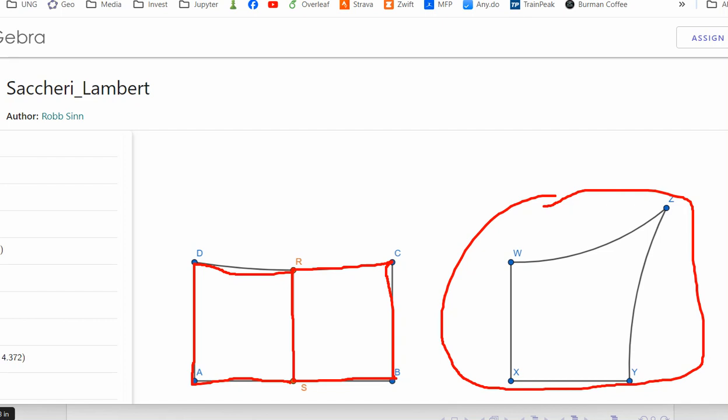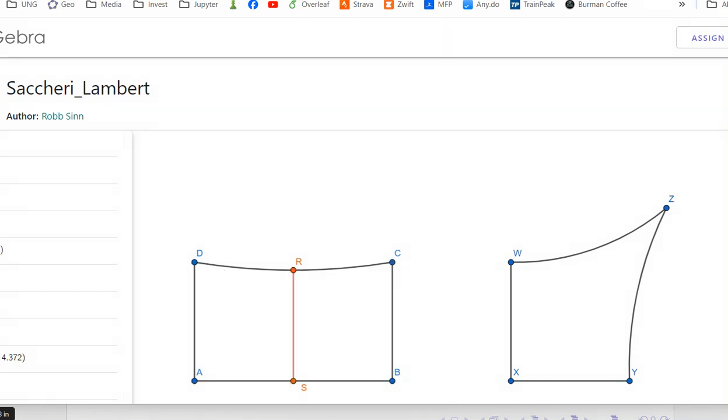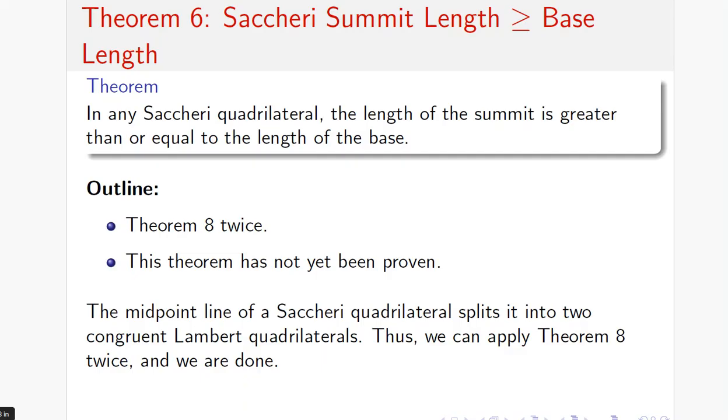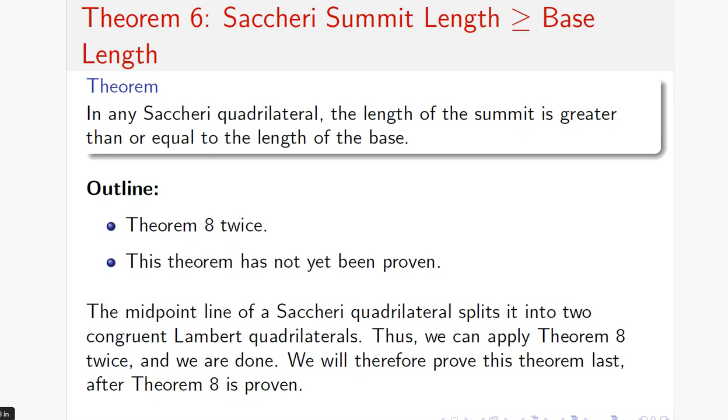But they're both Lambert quadrilaterals. Why is that important? Well, when we go back, it's easier to prove theorem 8. What is theorem 8? Theorem 8 says that the summit of the Lambert is greater in length than the base. Now I'm using those terms a little loosely just to give you the idea, but we're going to come back to this.